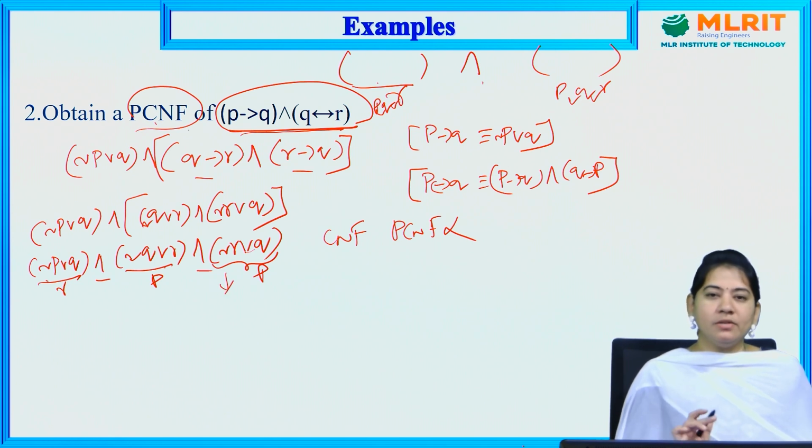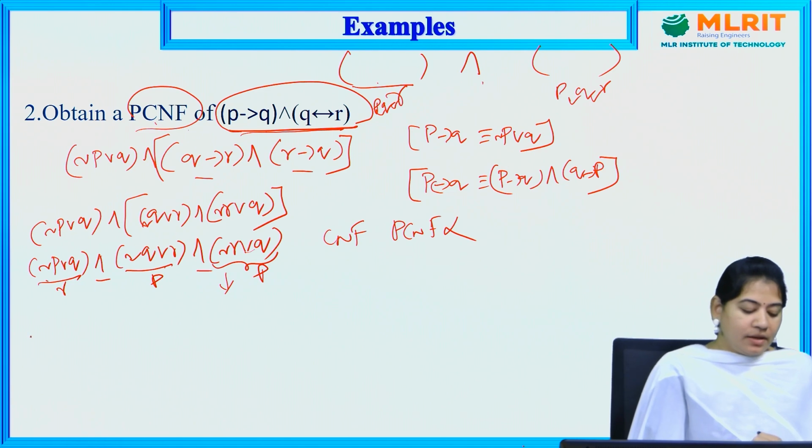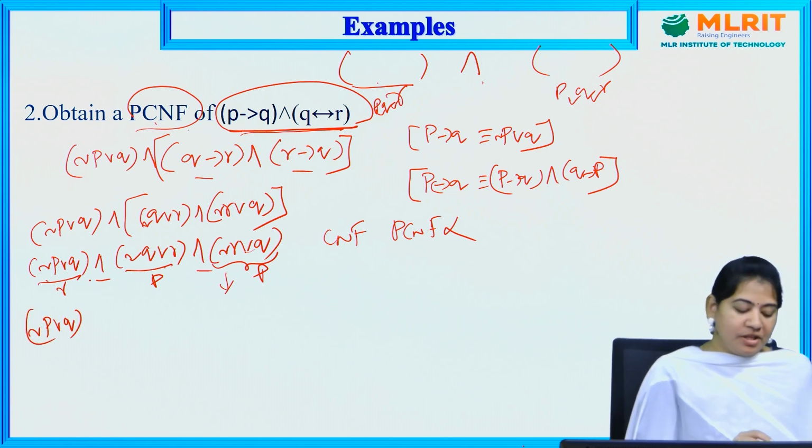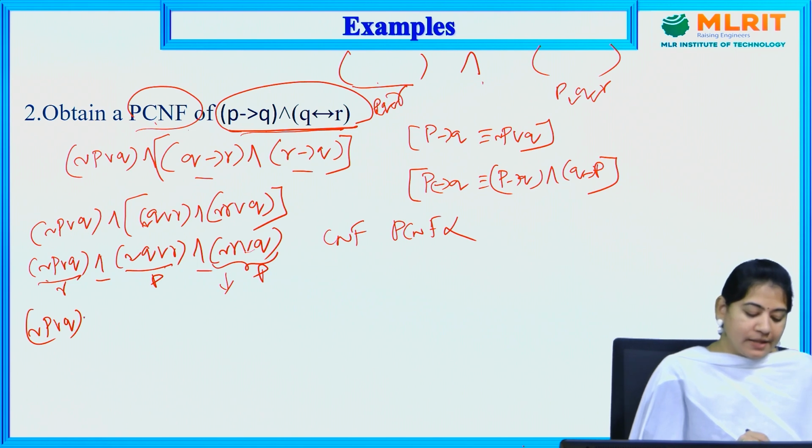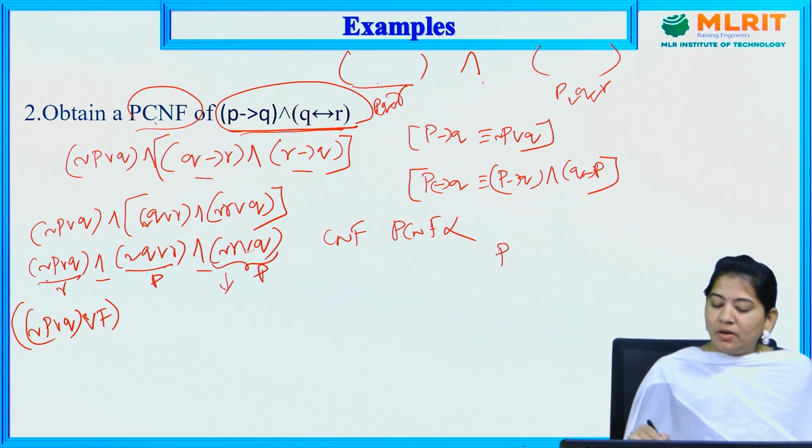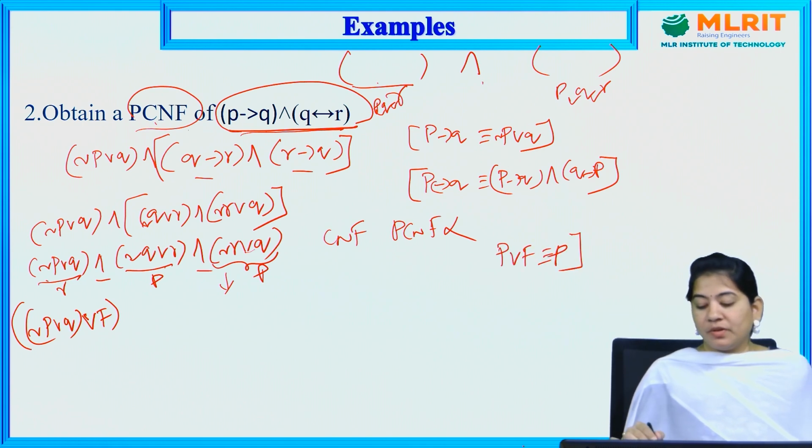So how can we solve it here? As negation P or Q is there and R is missing, I am writing this negation P or Q as or F. Why? Because by using the laws of logic, P or F is equivalent to P. This is also the domination law.